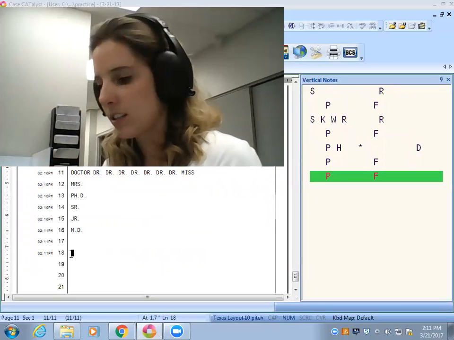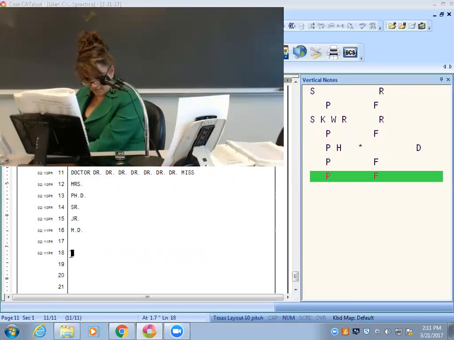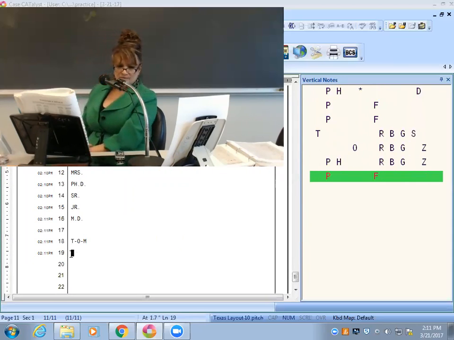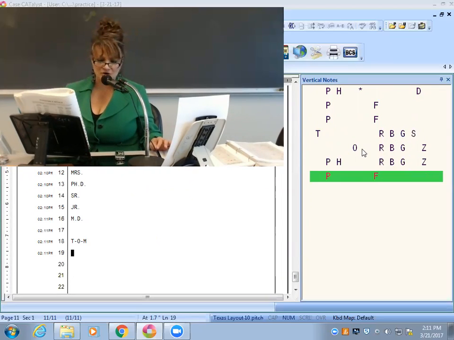I thought it was just the letter and then the comma. Is that right? Okay, so it's going to be, no, because the comma will give you, it's going to be RBGZ. So let's say it's Tom. You're going to write T, the first one, RBGS, and then O, RBGZ, and then the third, M, RBGZ.